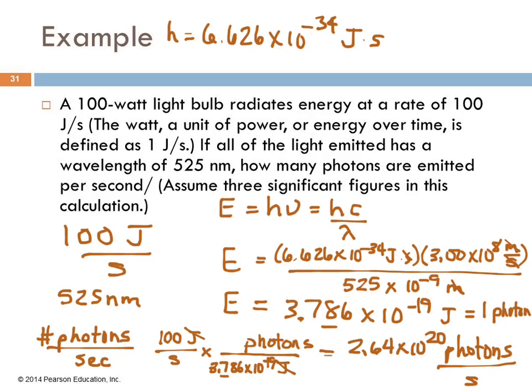Why would it be squared? This is photons. This is joules per second times photons per joule. The joules cancel, we end up with photons per second.